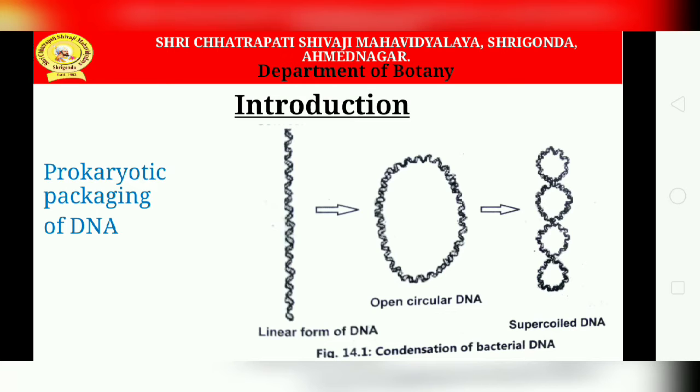So in this slide you can see the prokaryotic packaging of DNA. Bacteria carry their genes on a single DNA molecule, which is usually double stranded, covalently closed and circular. This DNA is associated with proteins that perform packaging and condensation of the DNA, but they are different from the proteins that perform these functions in eukaryotes.